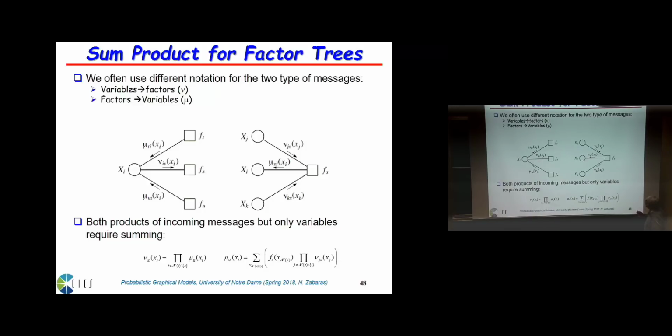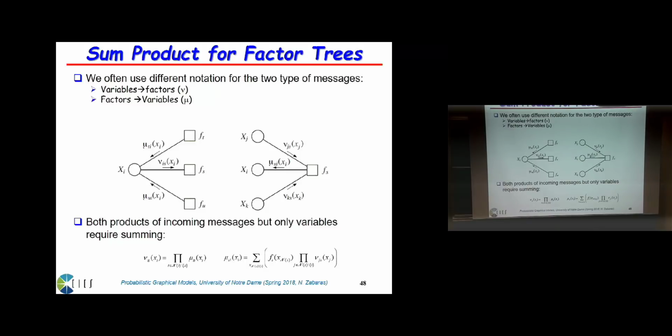To emphasize the different types of messages we have, he uses the symbol mu to indicate messages from variables to factors, and another mu symbol for messages from factors to variables, and the update formulas are the same as what we have seen already in the lecture.